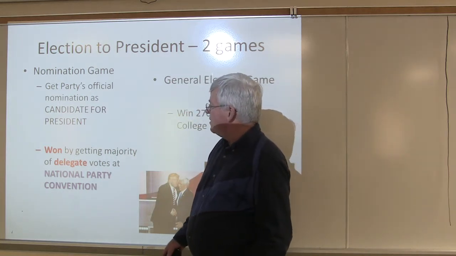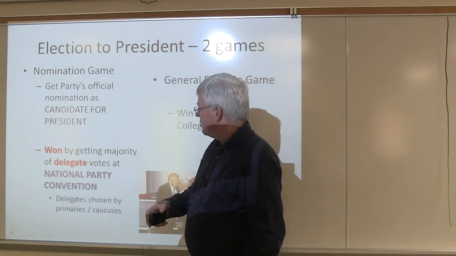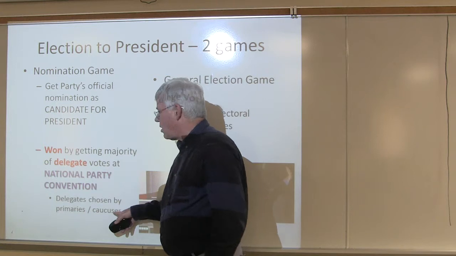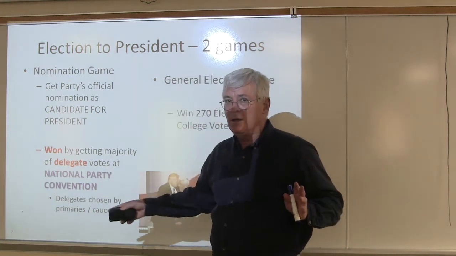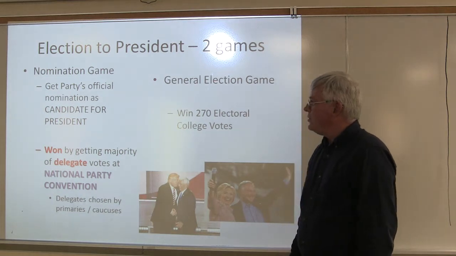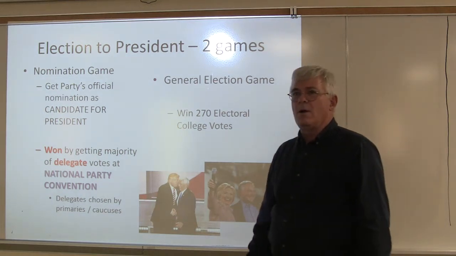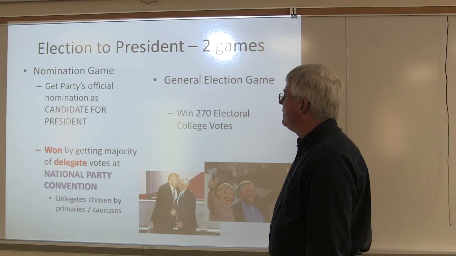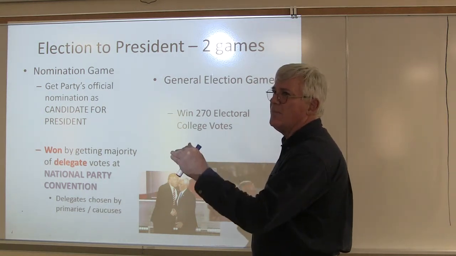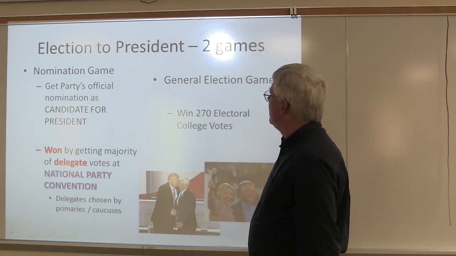At those national conventions, delegates that were chosen by primaries and caucuses all over the country go and vote. All right? They go and vote for who should be their nominee. All right? Who should be that party's candidate, that party's nominee for the general election.